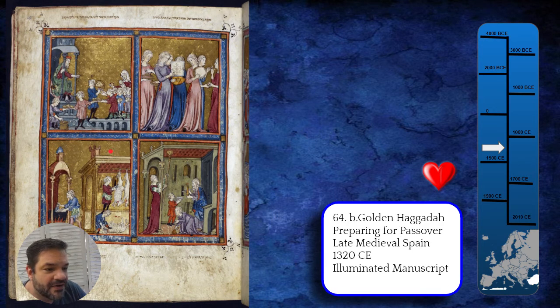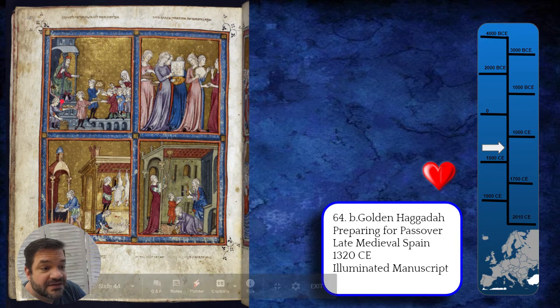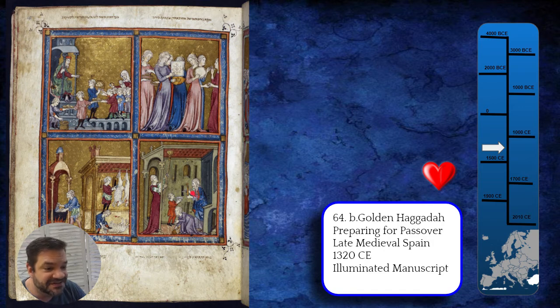This is the preparing for the Passover. You've got to cleanse your house. You've got to prepare the meal. You go through the whole house, and you have a candle. You've got a candle, and you've got a feather, and you're sweeping up. You've got to get rid of all the leaven, all the yeast, anything that's got yeast, any crumbs, anything.